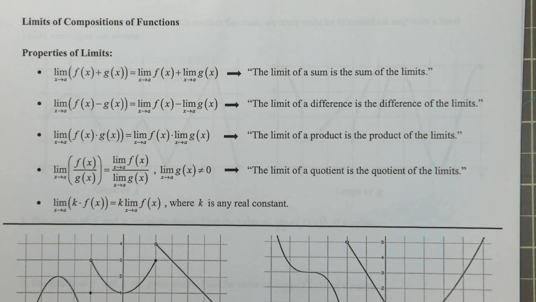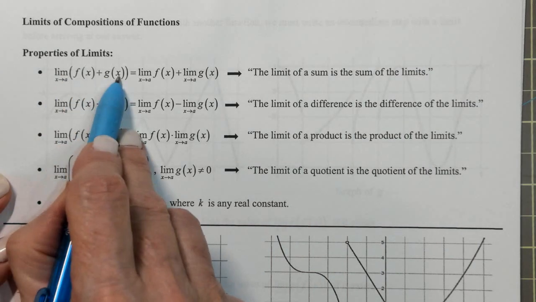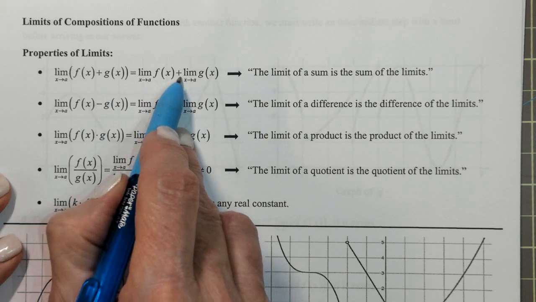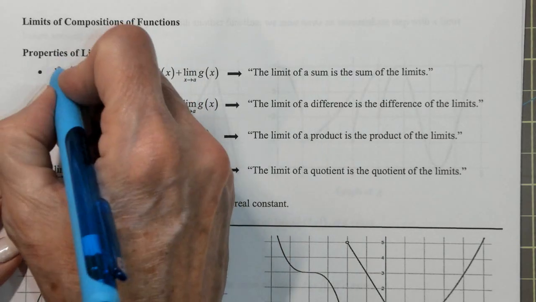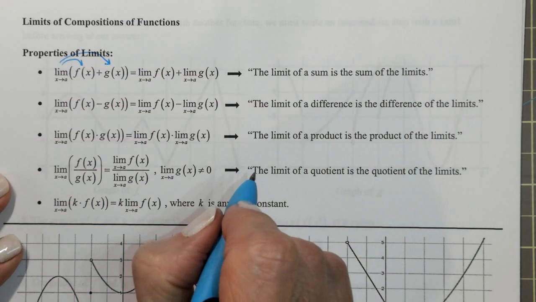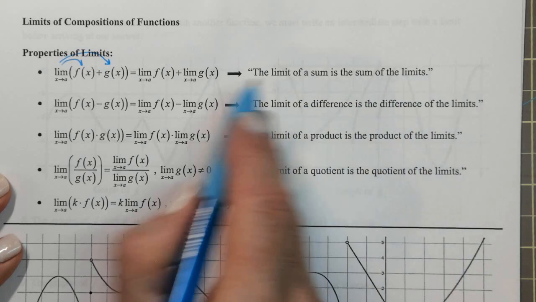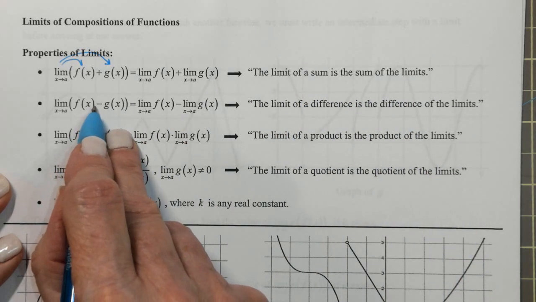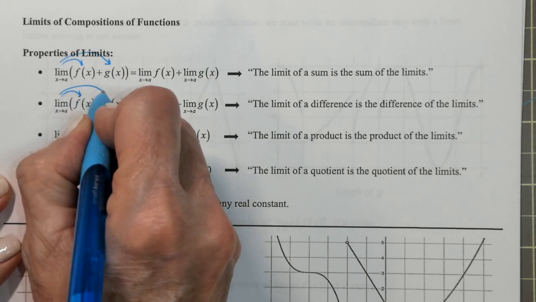I would like to begin by discussing some properties of limits. If you have the limit of a sum, that is equal to the sum of the two limits. It's kind of like you can distribute this limit to both pieces. The limit of a sum is the sum of the limits. Same thing with a difference: limit of f minus limit of g.